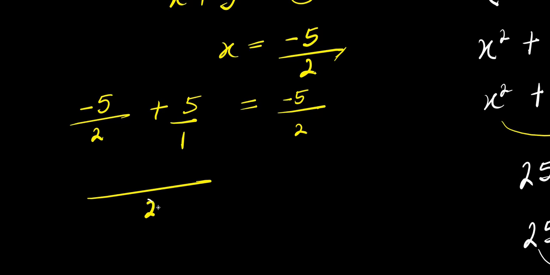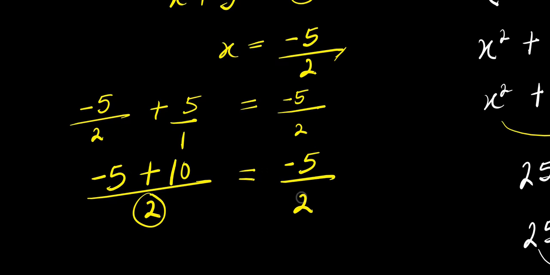The common LCM here is 2. 2 divides 2, we have 1. 1 times negative 5, we have negative 5, plus 2 divides 1, that is 2. 2 times 5, that is 10. We have this equals negative 5 divided by 2.